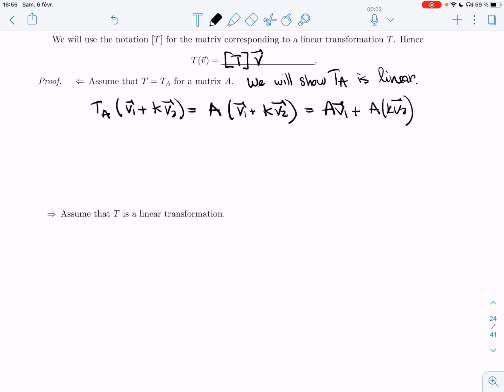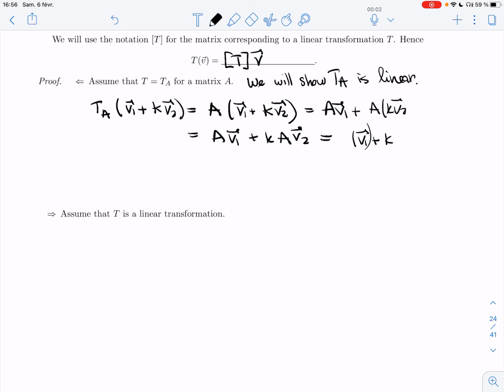And then I can bring the k out. These are really properties of matrix multiplication. And so that is A v1 plus k A v2. Oh, I guess the A comes here.